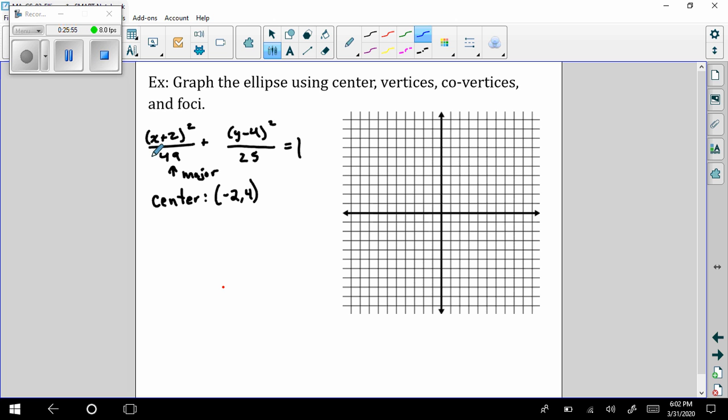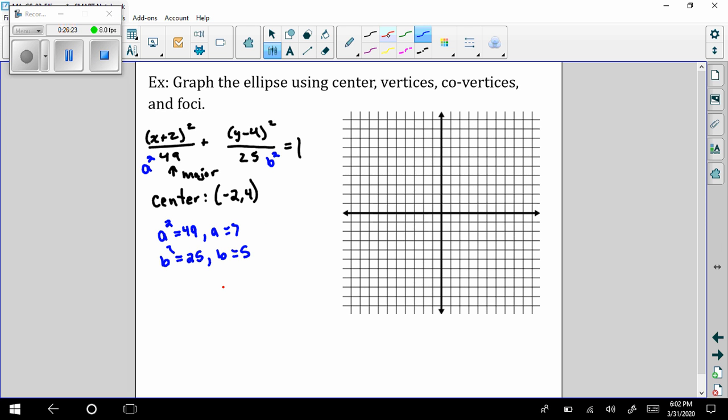This is A squared, and this is B squared. Remember, A squared is always the largest because A is greater than B. So A squared is equal to 49, A equals 7. B squared equals 25, so B equals 5.